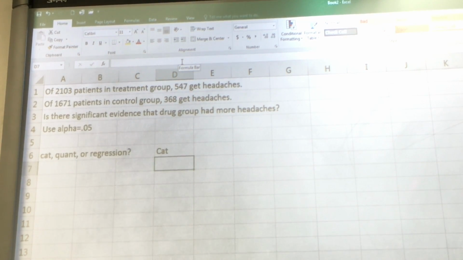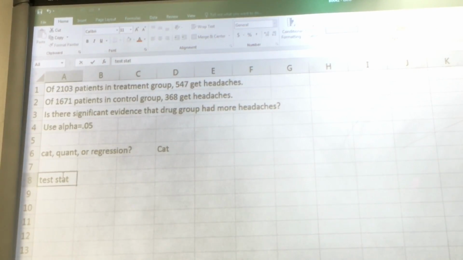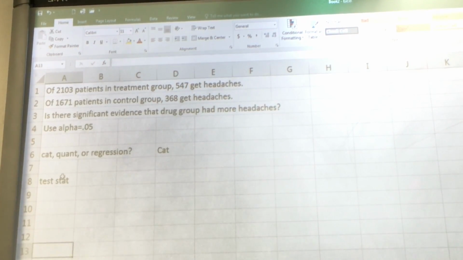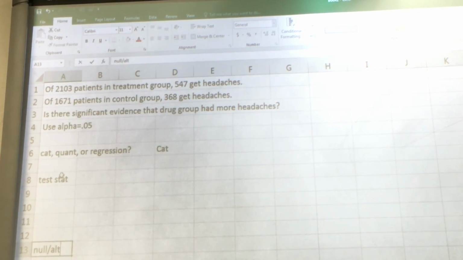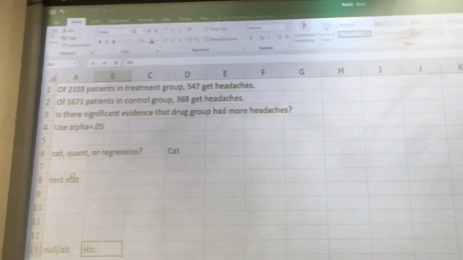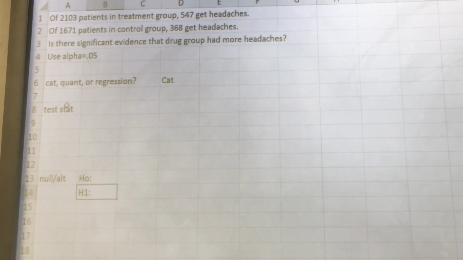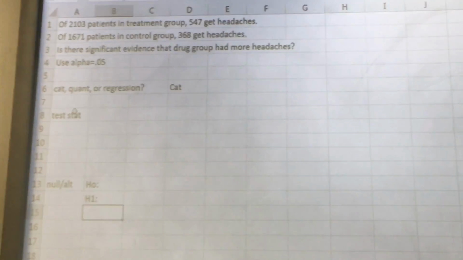So, the next two questions, not necessarily in order, are what is the test statistic and what is the null and the alternative hypothesis? Which one would you like to do first? Let's do the null. Okay, so your null and your alternative hypothesis.